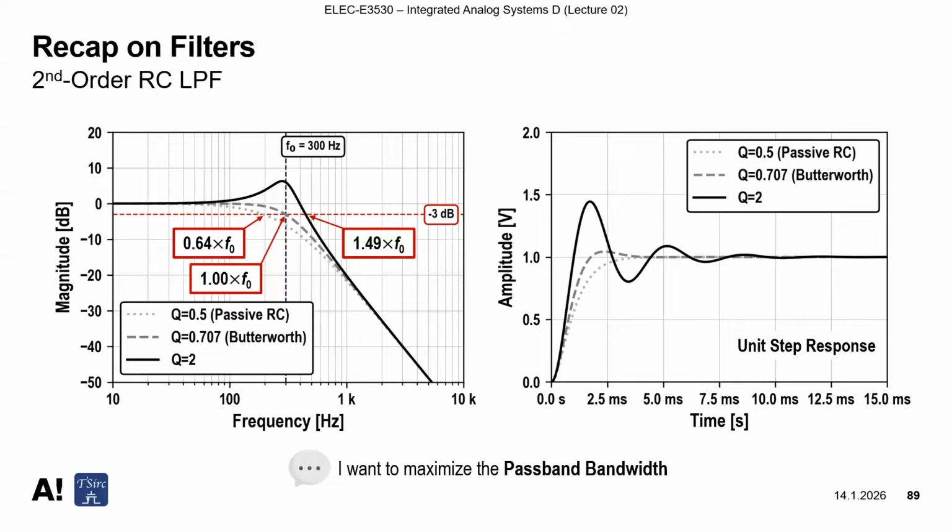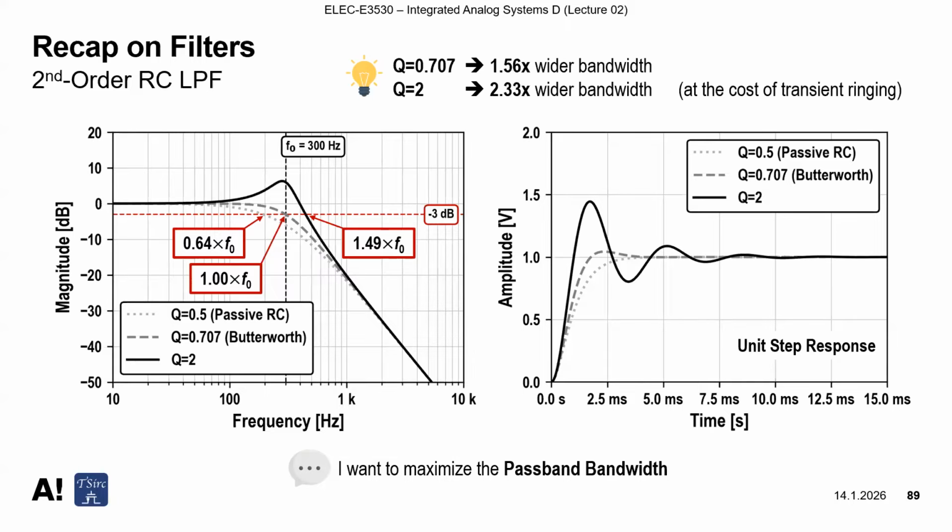For Q factor equal to 2, it has almost 50% higher bandwidth compared to Butterworth. So compared to passive RC, which has a maximum Q factor of 0.5, the Butterworth case has much wider bandwidth, 50% wider. For Q factor equal to 2, it has almost twice the bandwidth compared to the passive RC case. Of course, in the case of Q factor equal to 2, it causes a transient ringing.